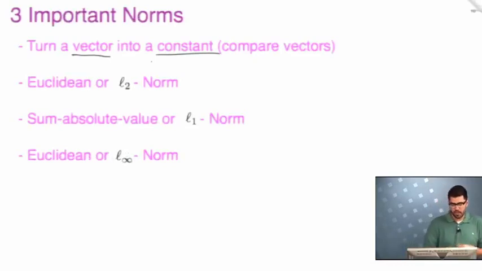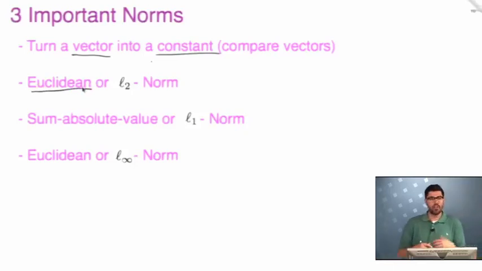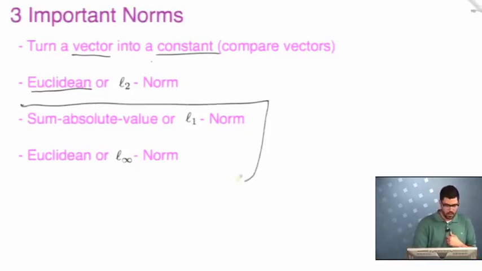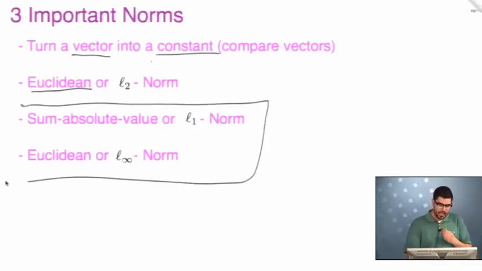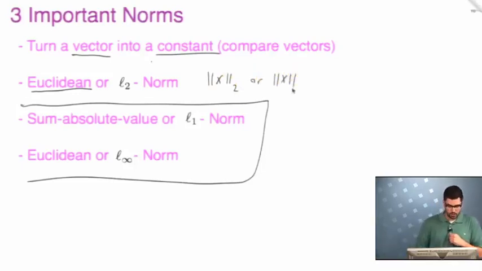So let me define these 3 norms, and let me start out with the L2 norm, known as the Euclidean norm. I'll box these out for a second. The L2 norm is written with this notation, and if there is no subscript 2, it's also considered the Euclidean norm.